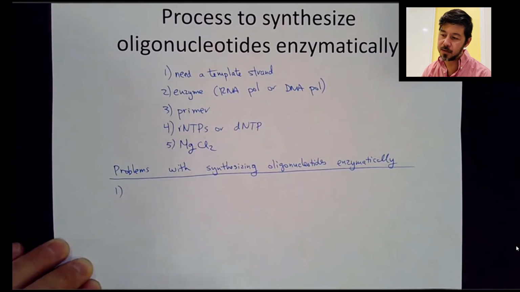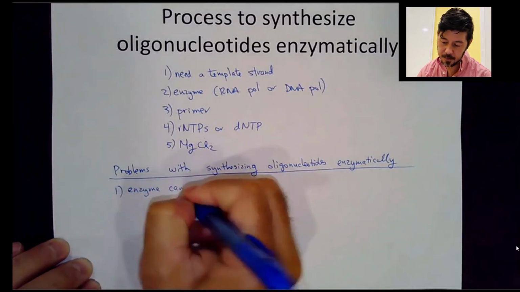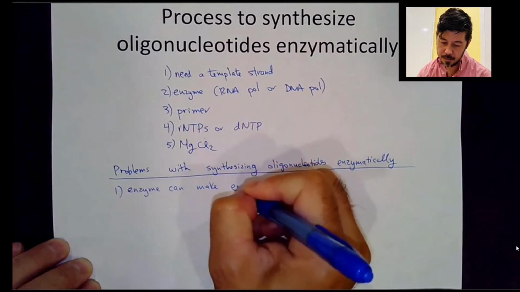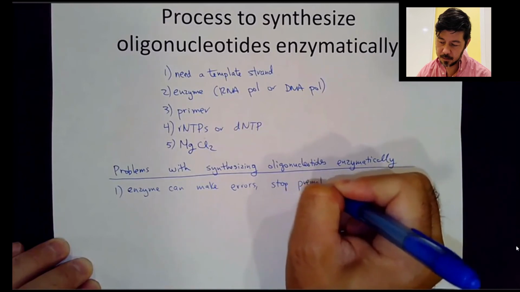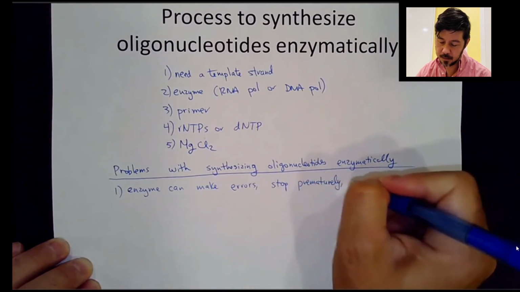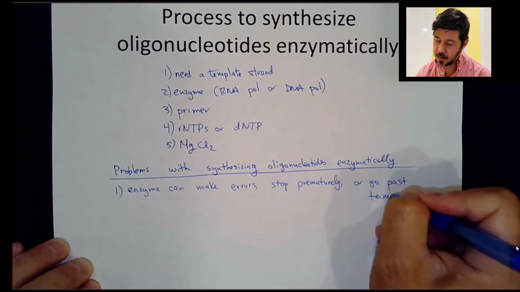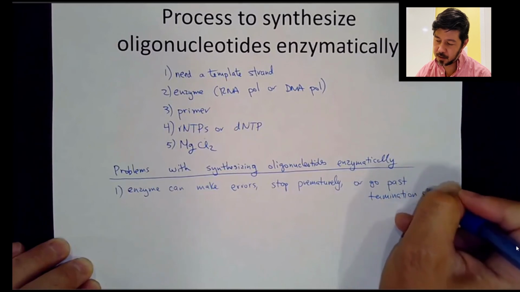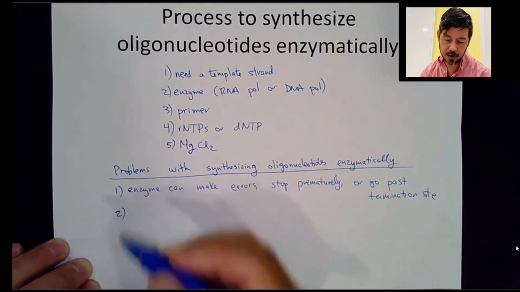So sometimes you can run into the problem of having mixed length sequences and shorter or longer sequences than what you actually desire. So the enzyme can make errors, stop prematurely, or go past the termination site.